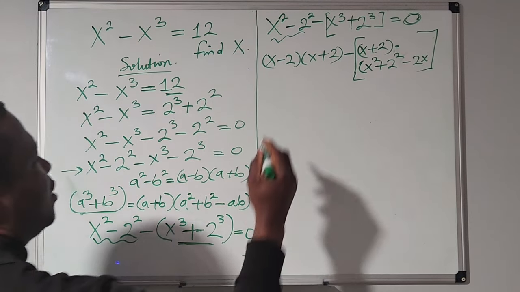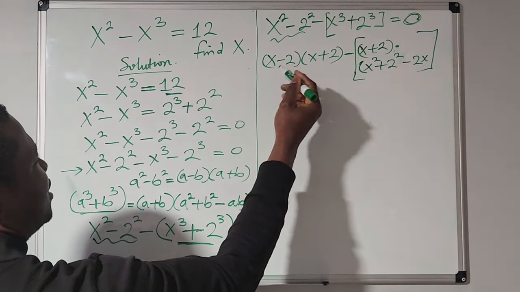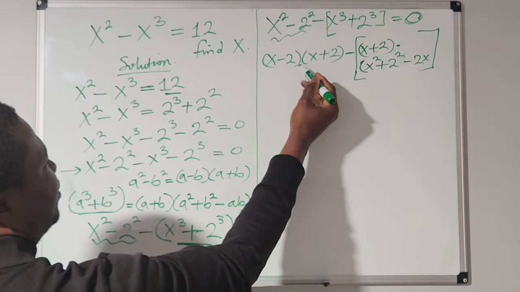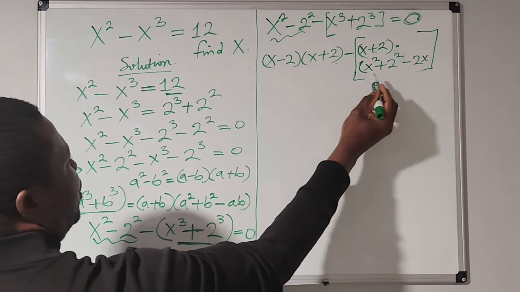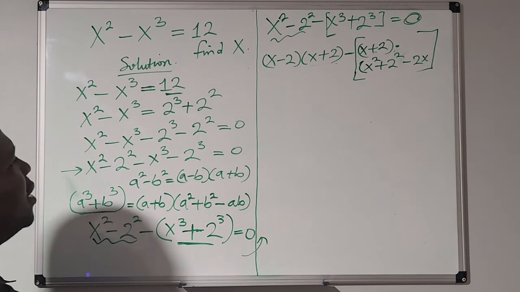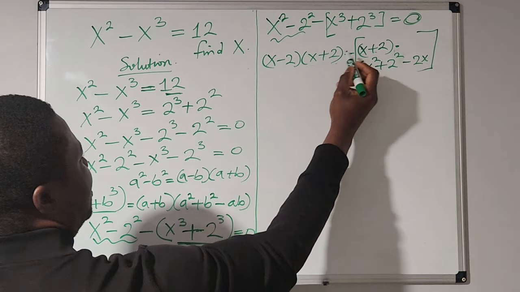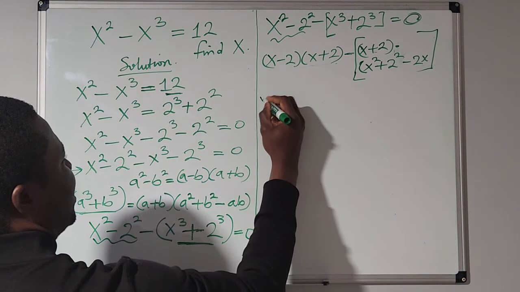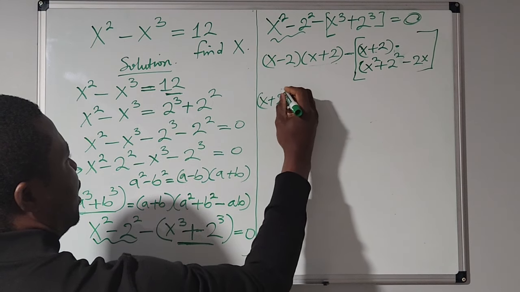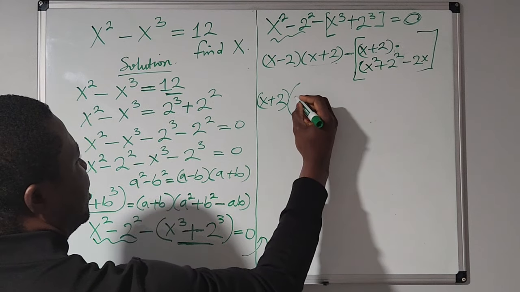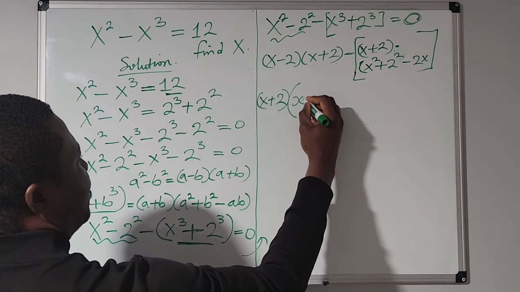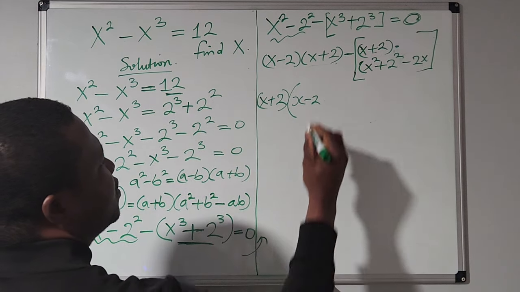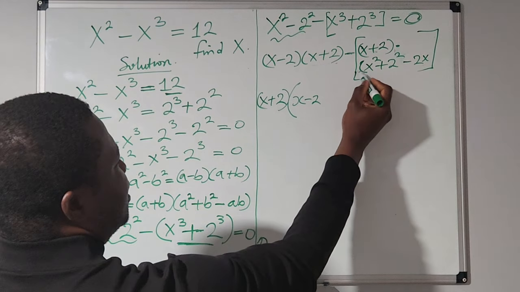Now, let's try to collect some like terms. We can see that on this side we have x plus 2 here, and we also have x plus 2 on that side, and they're both separated by this minus sign. So we can collect x plus 2 as the like term, and we have x minus 2, and then this is what we have left.